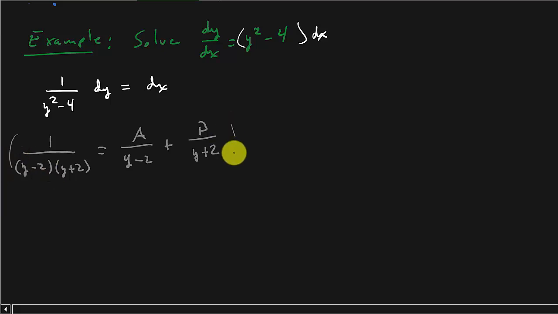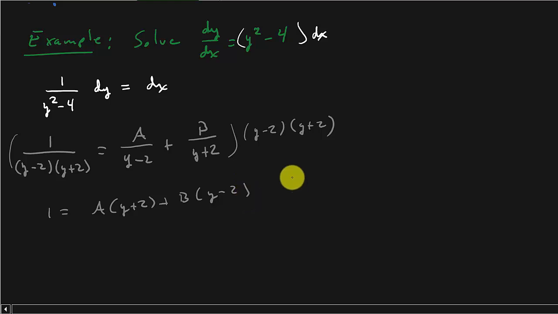So when we multiply both sides by y minus 2 times y plus 2, I'm going to go through this part kind of quick. We get 1 is equal to a times y plus 2 plus b times y minus 2. Then if we let y equal 2, that other term goes to 0, and we get 1 equals 4a, so a is equal to 1/4.